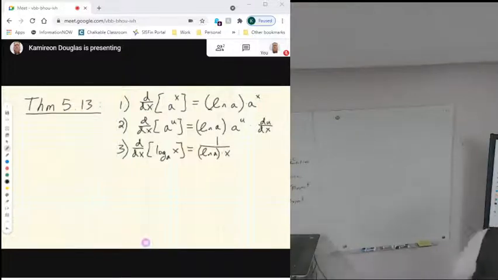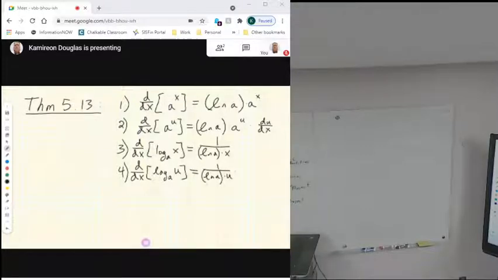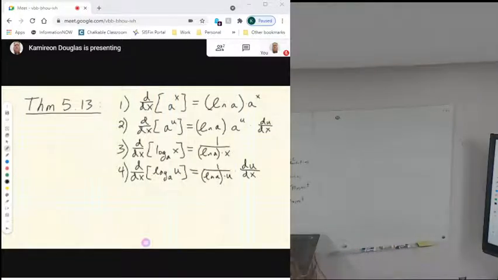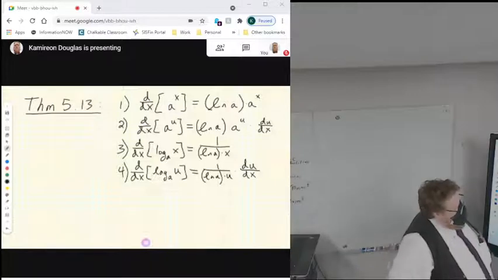Part 4, if the inside is a function, so log base a of u, this is of course 1 over ln of a times u, times du dx. You could also move the du dx on top, which is the common thing that I do to make this a little simpler. It depends on how nasty u is, whether you want to do that now or later. So these are derivatives for logs and exponentials of not base e.